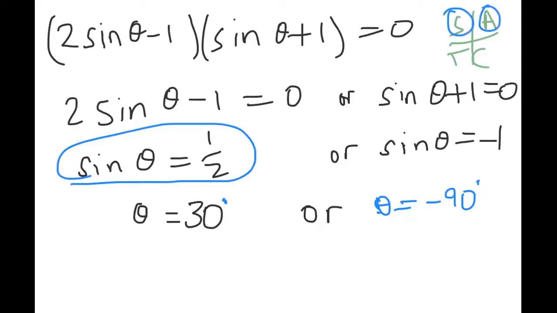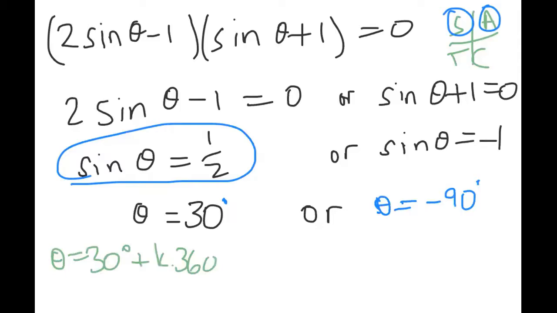So if you look on your other diagram, in quadrant 1, it's all 0 to 90 degrees, and theta is equal to 30, which is between 0 and 90. So this answer is now going to be theta equals 30 degrees plus k times 360.